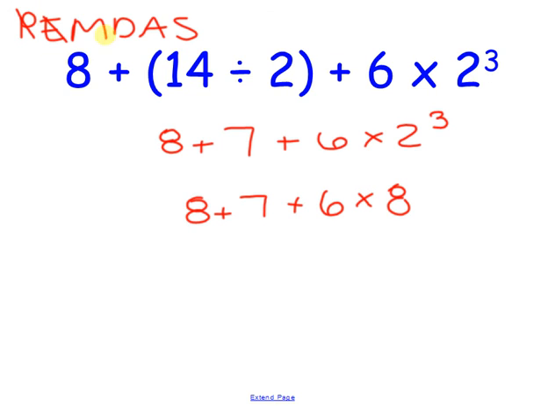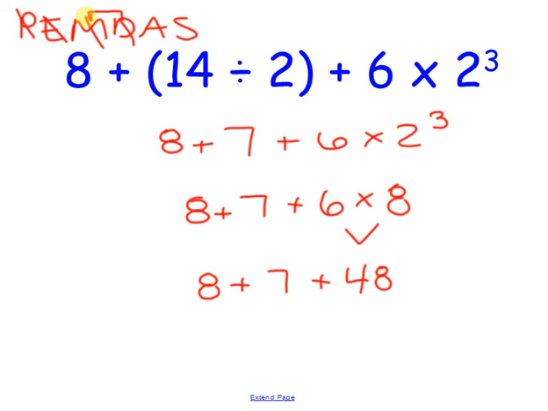Cross out my E. Multiplication and division in order from left to right. I have addition, addition, multiplication. So I have to just start right here. 6 times 8 is 48. Rewrite the rest of the problem. So cross out multiplication, division.